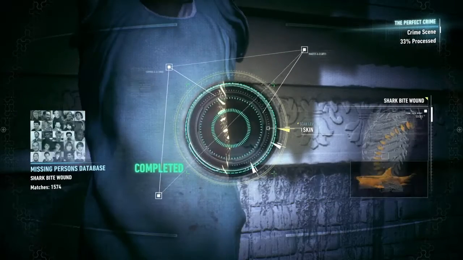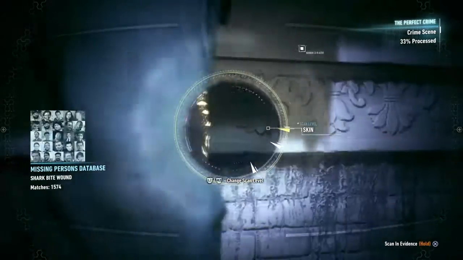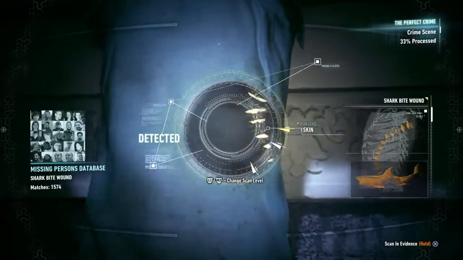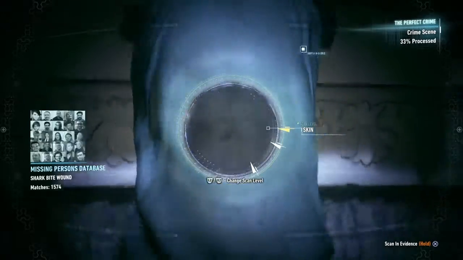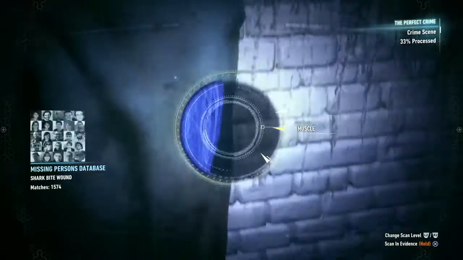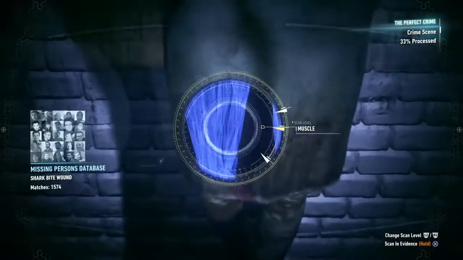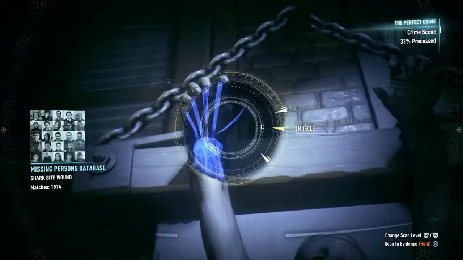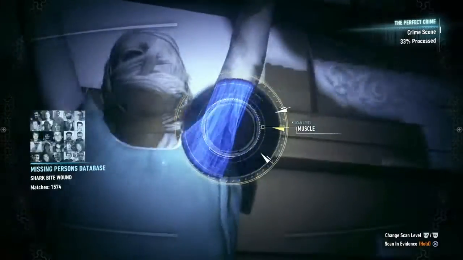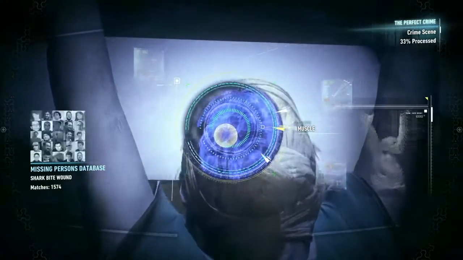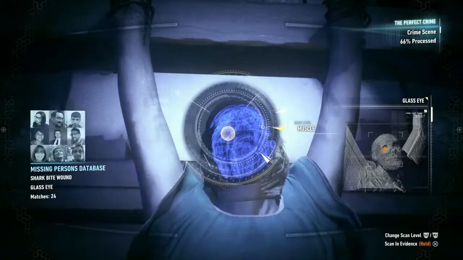I've seen that pattern of scar tissue before. It's a bite mark. Analyzing its radius points to a species of Selachomorpha. This particular variety of shark is only found in the waters off the coast of North Gotham. The victim is fitted with an ocular prosthesis.